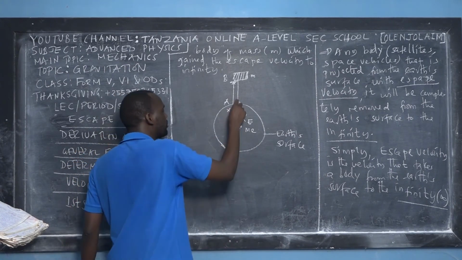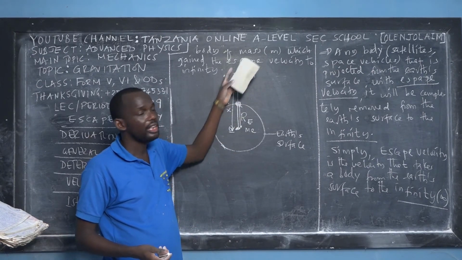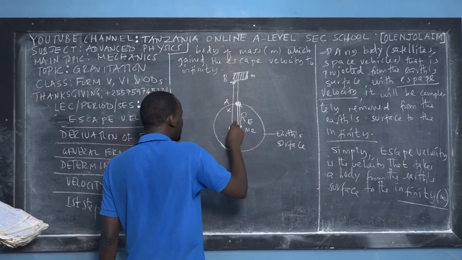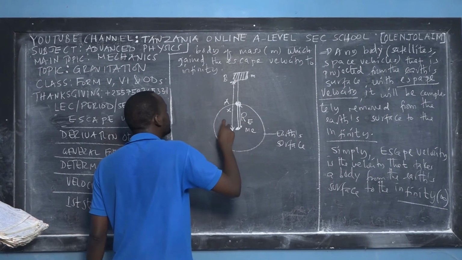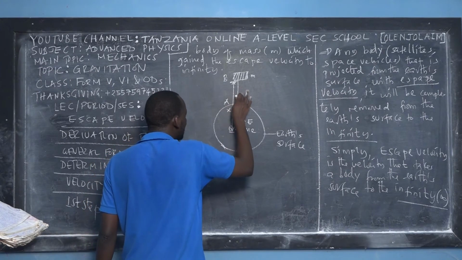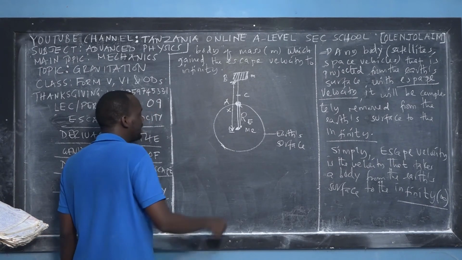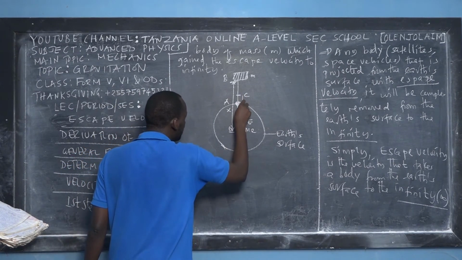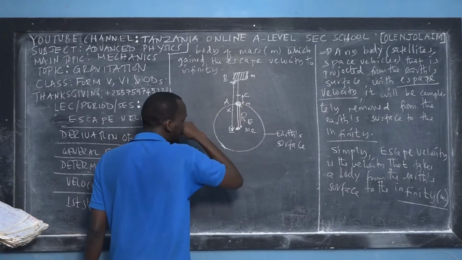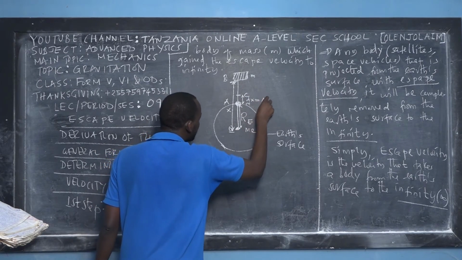There's work done required to remove a satellite or a body from point A to point B. Suppose we want to know the work done between point A and point C. We have a small distance here traveled by a body of mass M. This small distance we call dx, or in other words, change in x.